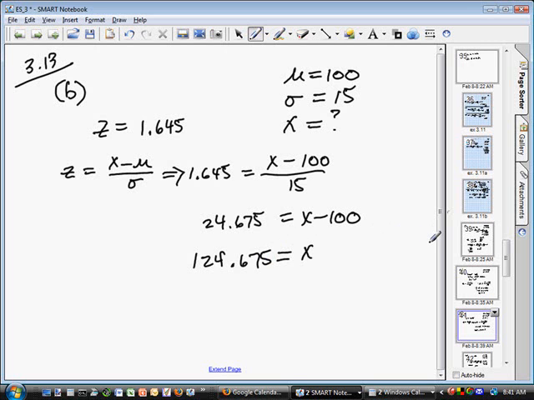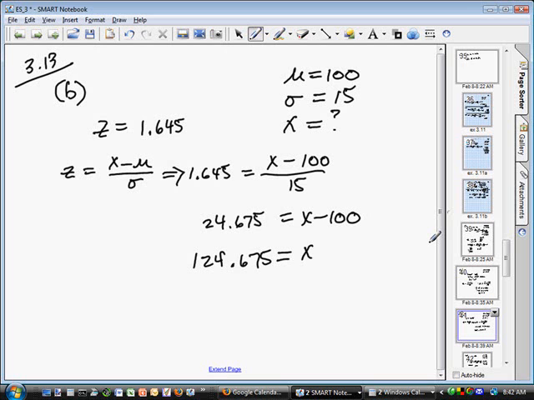So what score do you need to have only 5% of the people above you? You would have to have a 125 on the IQ test. Because I don't think they give decimal IQs, do they? No, I think they just give you whole numbers.